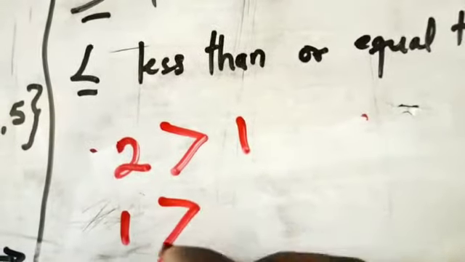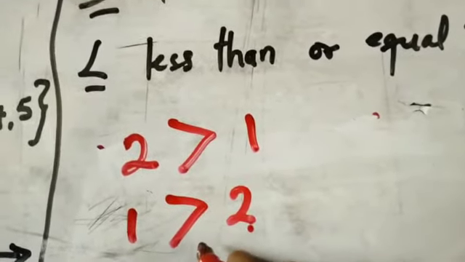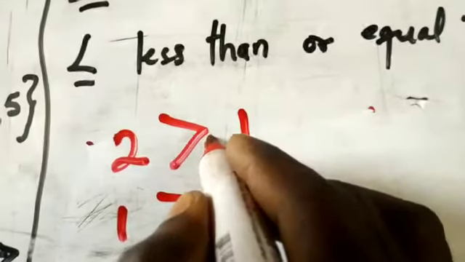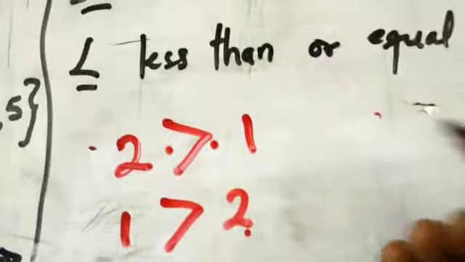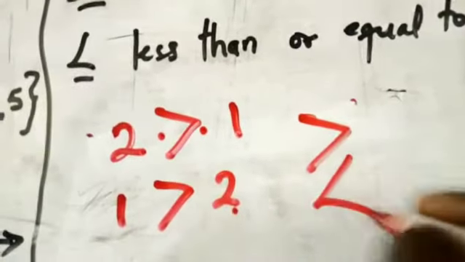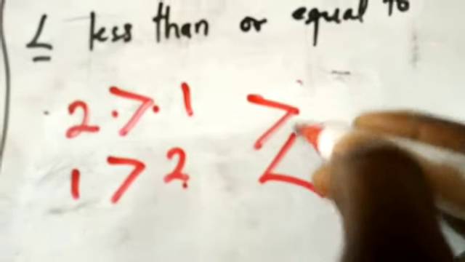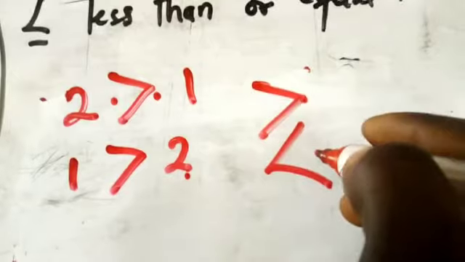Is it true that 1 is greater than 2? It's not correct. So I always read from the pointed side, which is less than, irrespective of the notation, whether I'm using this or that. This side will be the pointed side, which is less than, and this side will be the bigger side, which is greater than.